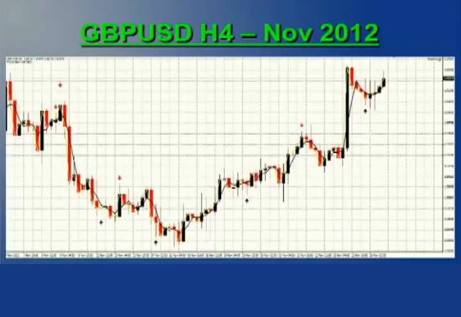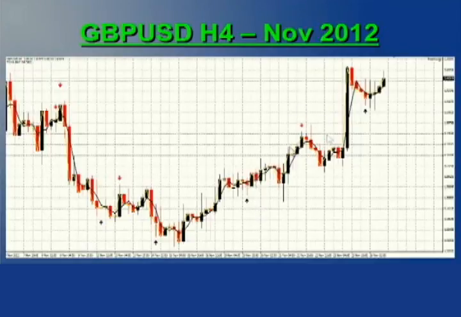What I've got here is the British pound on the 4-hour charts for November, the month we've just had. Here you can see two sell price flips provided, a really nice downward move, a warning here given by a price flip of a possible upward move, a consolidation pattern happening over this time with this buy and this sell, another buy coming into play here, and that took us right up this leg of the cycle, supported by this buy price flip here.